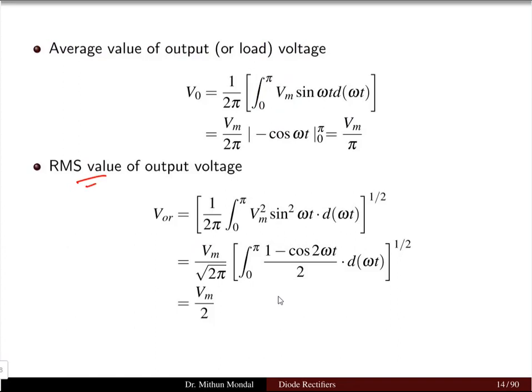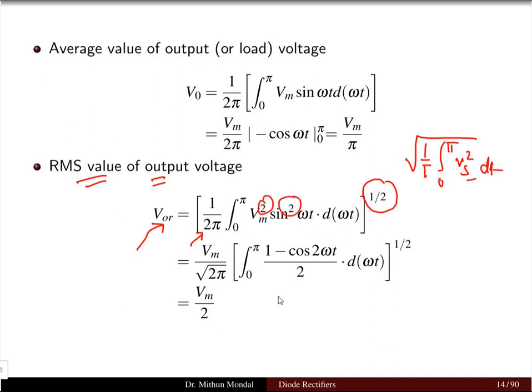When we talk about the RMS value of the output voltage, we know how to calculate the RMS voltage. This we have discussed in detail in circuit analysis. The RMS voltage is nothing but the square root, so the square root means 1 by 2. You have 1 by time period, integration from 0 to pi, and then you have the source voltage Vs whole square dt.